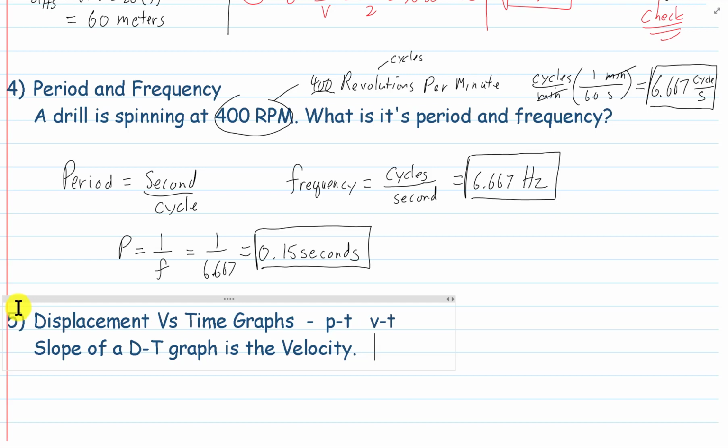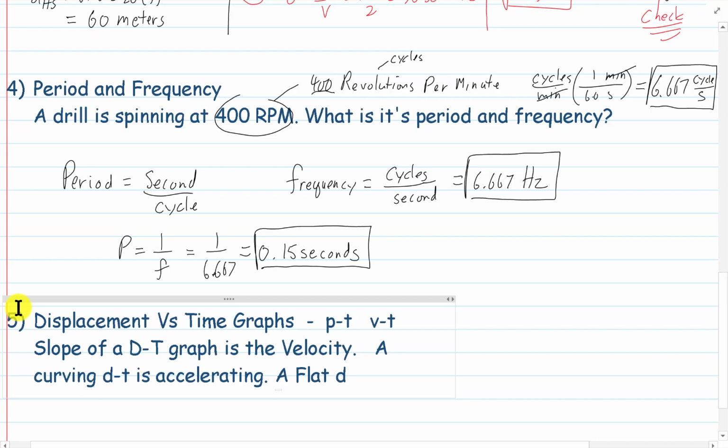Okay? A curving dt graph is accelerating. A flat dt graph is stopped.